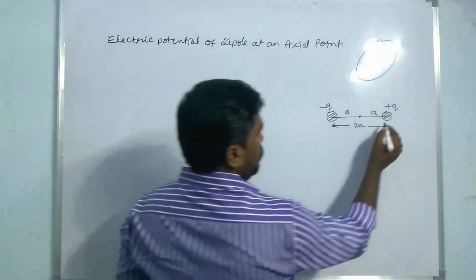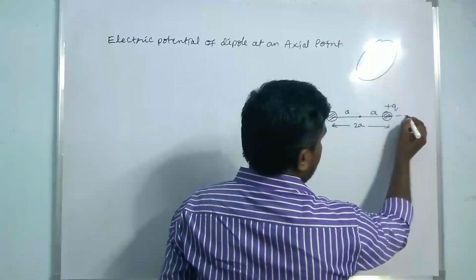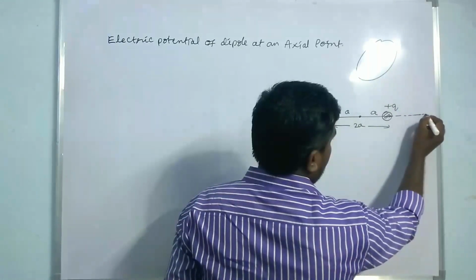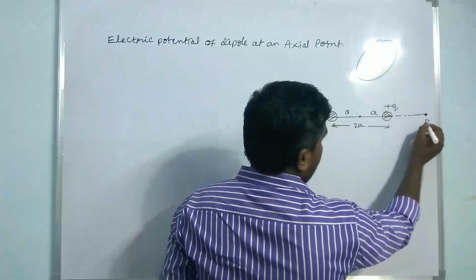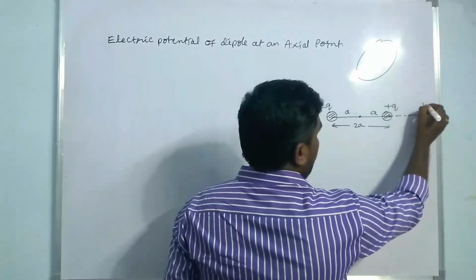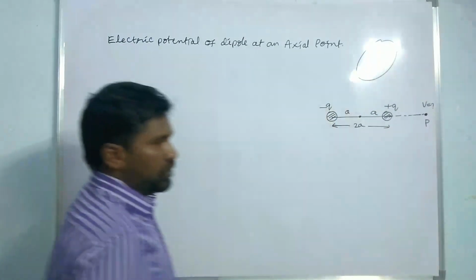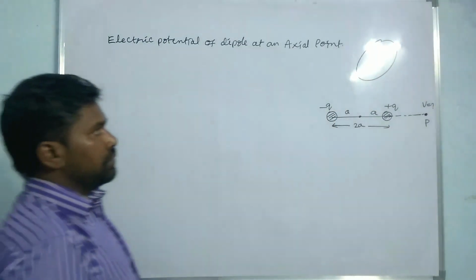Now we have to find a point on the axial line. This is point P, and we have to find the potential V here.